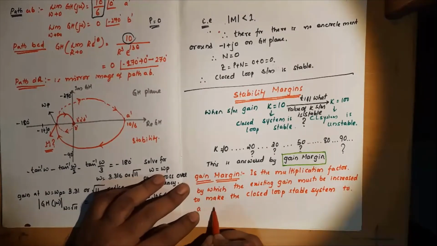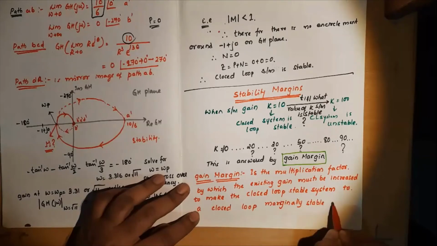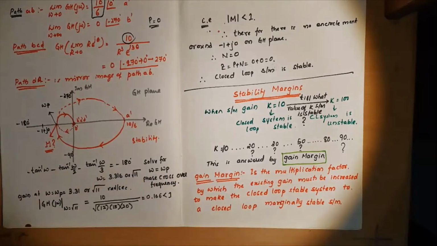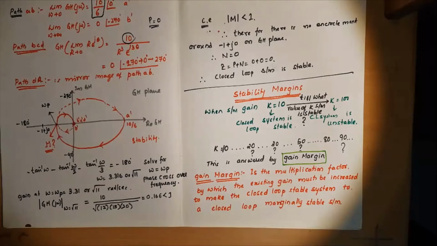Please remember, a closed loop marginally stable system. So what is that multiplication factor that you want to multiply so that a stable system will become critically stable or marginally stable? So let us see how that is given.